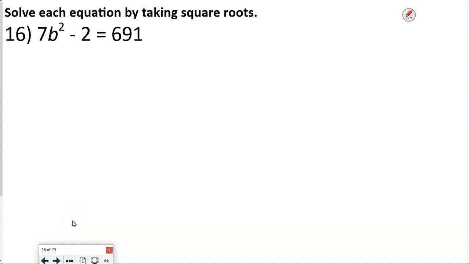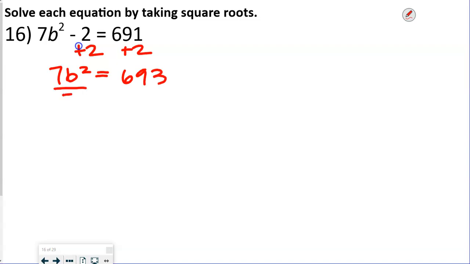So our next one, add 2 to both sides. So 7b squared is equal to 693. Divide both sides by 7. We get that b squared is equal to 99. I'm going to take the square root of both sides.